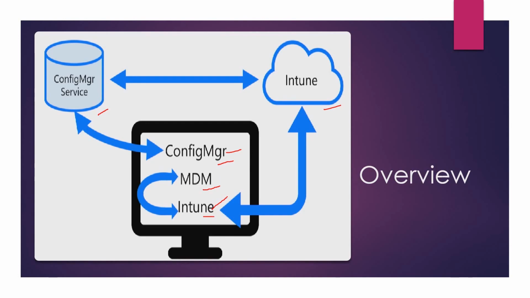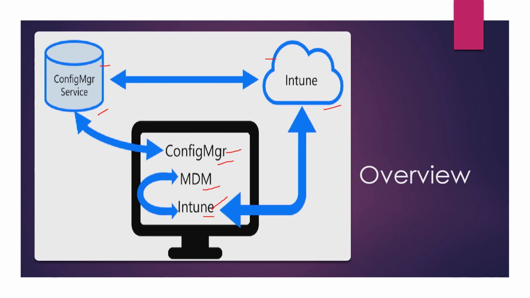So when this solution was proposed, a lot of customers came forward and said, how are we going to ensure that the policies coming from both the config manager and the Intune service are not going to contradict each other, or are not going to overwrite each other? To ensure that this would not happen, a lot of work was done to make sure that the config manager service and the Intune service are talking with each other.